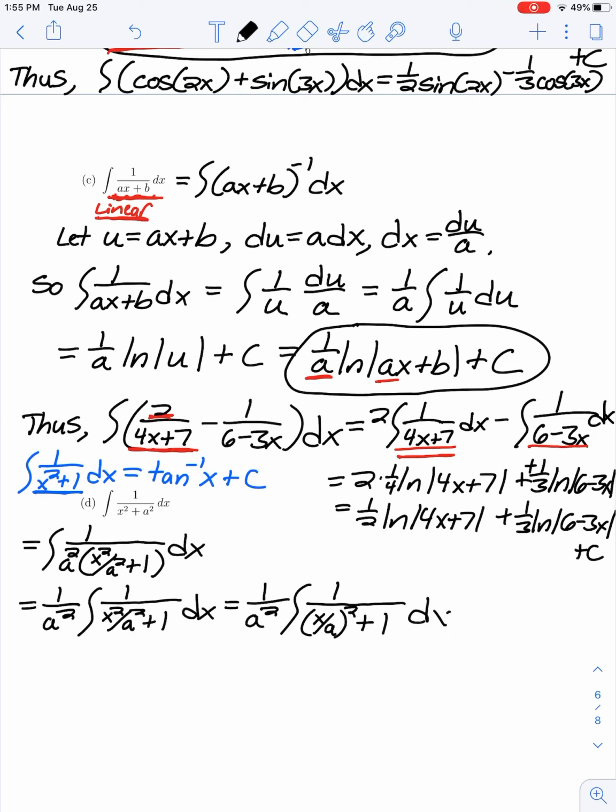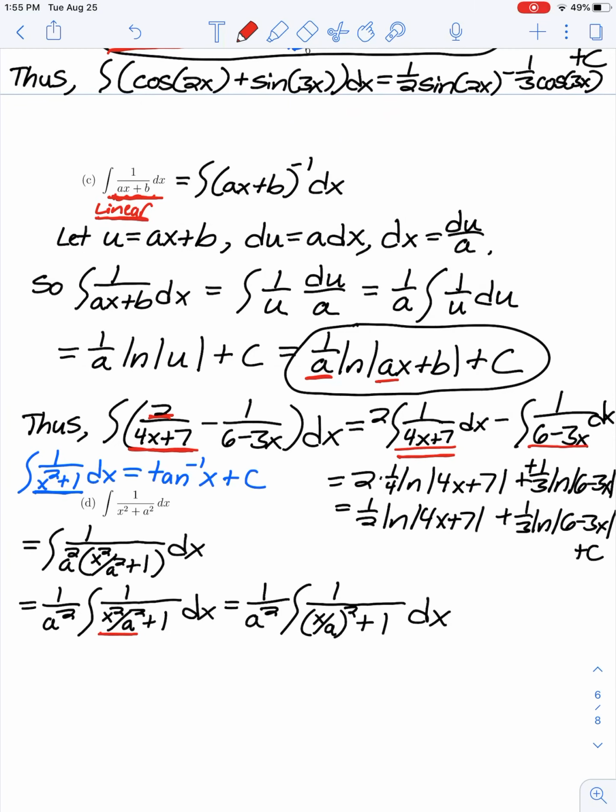So all I'm doing so far is rewriting the form of my integrand. I factored out an a squared from the denominator, and after that, the term x squared divided by a squared, I just rewrote as a single fraction x over a quantity squared.